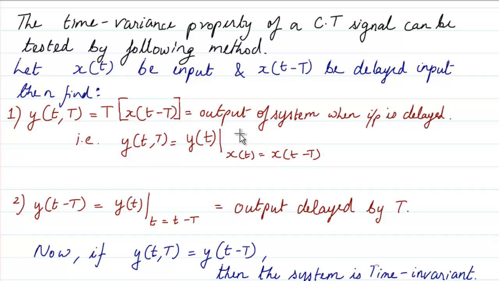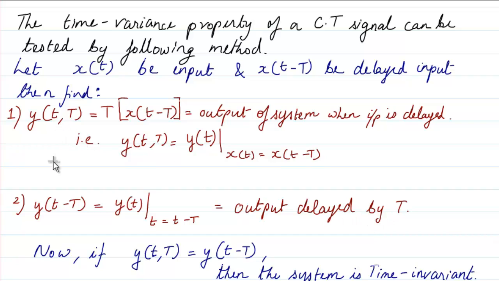Mathematically, y of t comma T is y of t when x of t is equal to the delayed x of t. Whereas what is y of t minus T? Y of t minus T is when you take the equation of y of t and you replace t with t minus capital T. That is the output delayed by capital T.